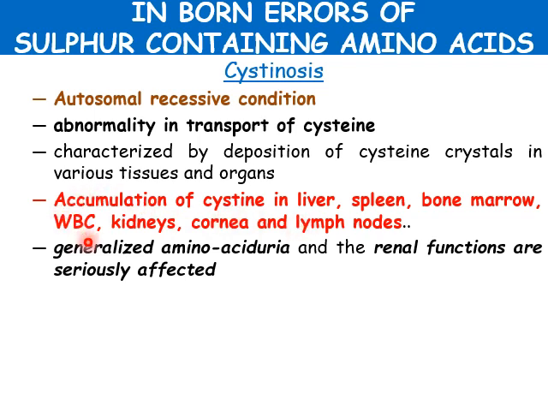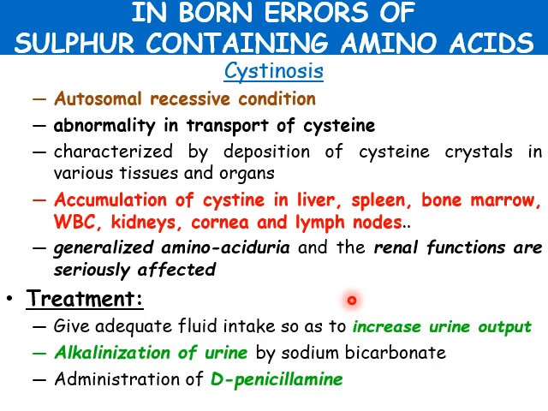It results in generalized aminoaciduria, and the renal functions are also affected in cystinosis. Treatment: give adequate fluid intake, to increase the urine output for washing out this amino acid. Make urine alkaline by using sodium bicarbonate, and the drug of choice is penicillamine for cystinosis.